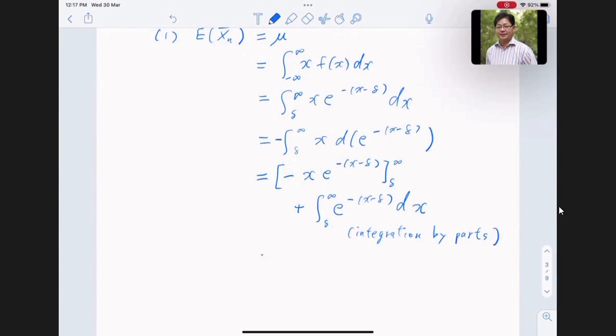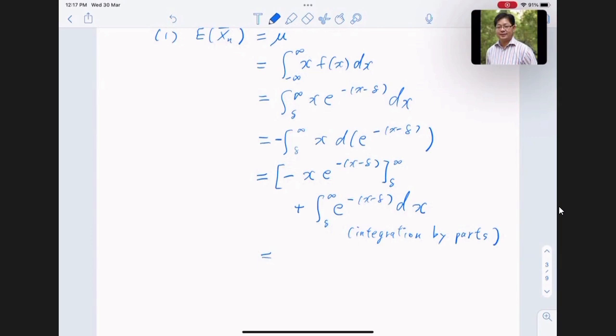So we evaluate this expression. We substitute infinity into x. When you substitute infinity into x, this exponential function will converge to 0. This x will diverge to infinity. But the exponential function will converge to 0 faster than x goes to infinity, so that eventually this will become 0.